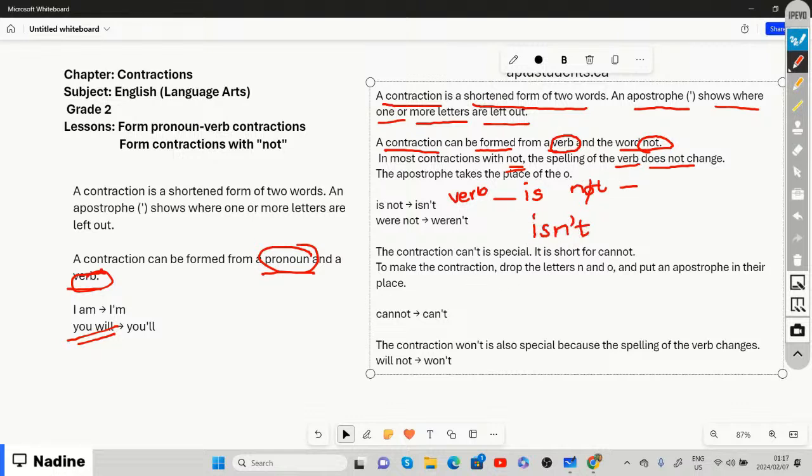So is not stands for isn't. So he isn't or he is not 8 years old. He is 7 years old. He isn't 7. He is 8.